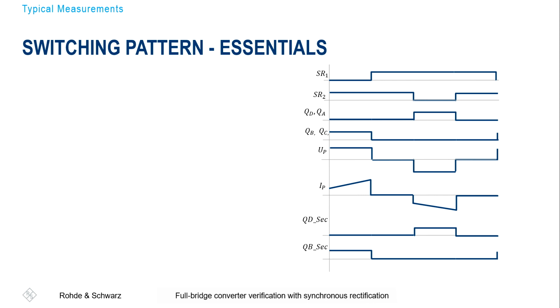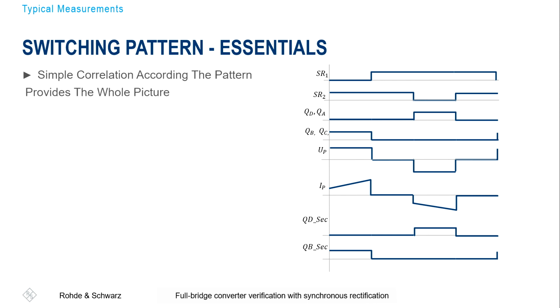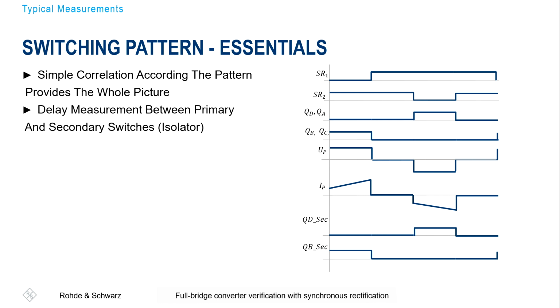And this is exactly what we want to see later on. Because I had 2 channels left, I added this additional information to gather a lot of information in one shot. So, as I said, a simple correlation according to the pattern. That's why we do this, and it provides us really the whole picture.